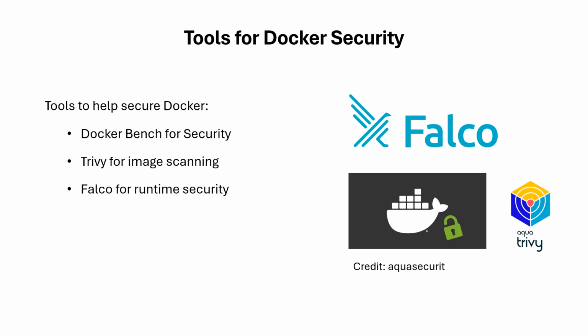Falco is a runtime security tool that monitors the behavior of containers and generates alerts if suspicious activity is detected. By incorporating these tools into your CI/CD pipeline and runtime environment, you can improve your overall security posture and detect potential issues early. Automating security checks through these tools ensures that vulnerabilities are addressed as a part of the development process rather than after deployment.